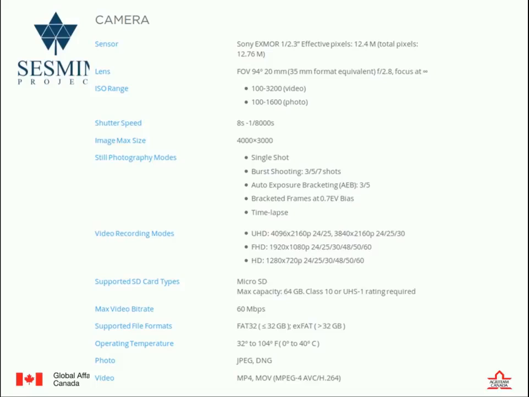It's a Sony sensor, yeah? And it is a 12 megapixel sensor. Okay, I will skip most of the video stuff because we're only really worried about the photographs. So in terms of the field of view, this is very important for aerial photography, okay?